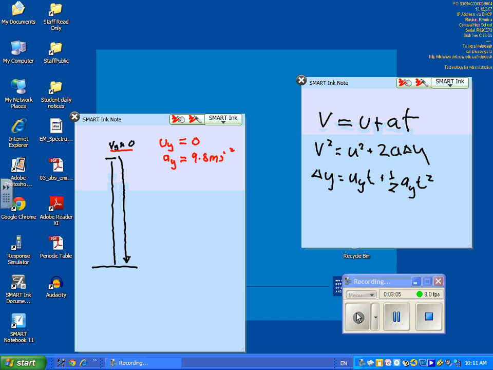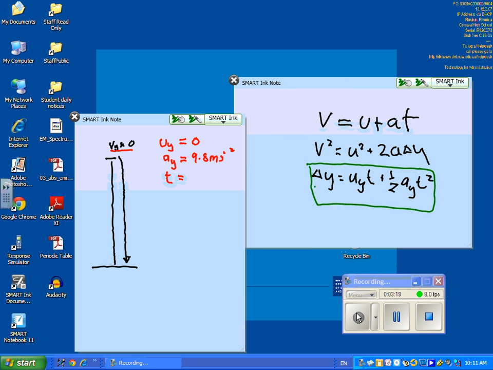And we measured the time for the various things we did. Therefore we can just choose one of our equations. The reason I use this one is I want to know its height. I know Uy, I've timed T, and I know Ay, so I know everything I need. I can just substitute in.